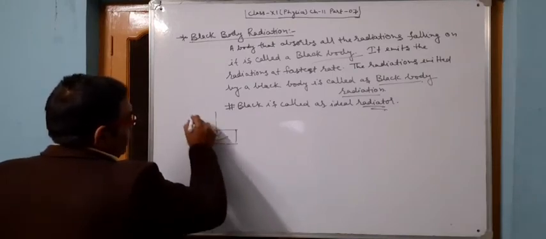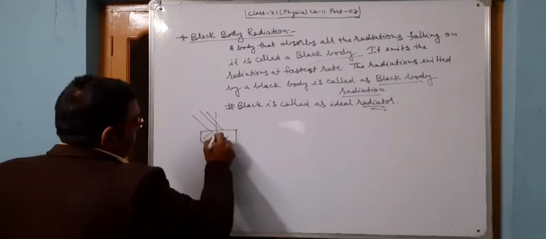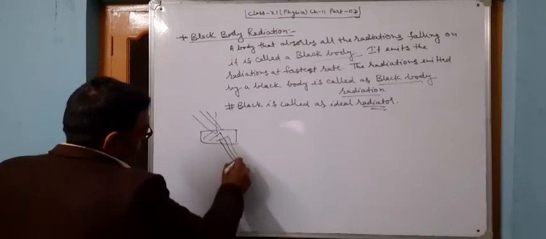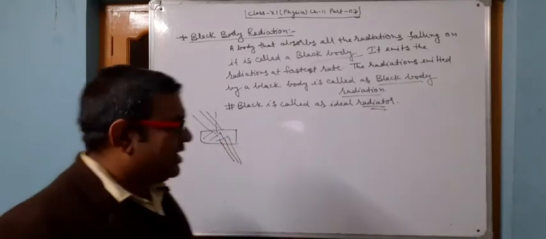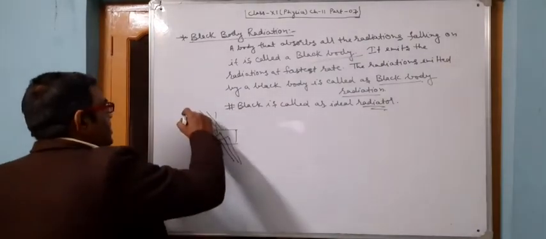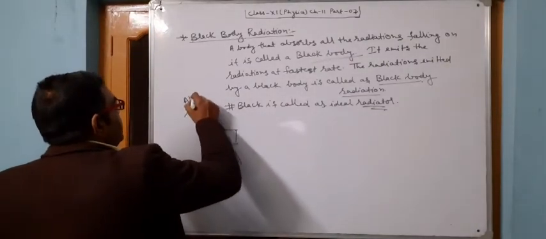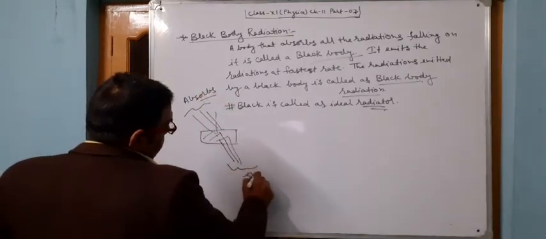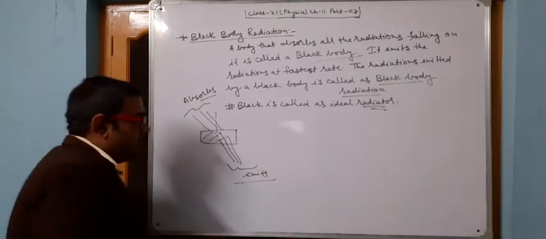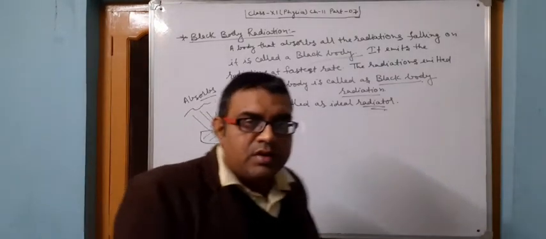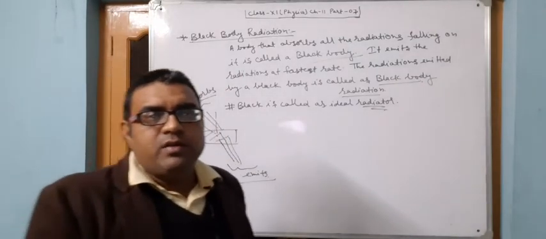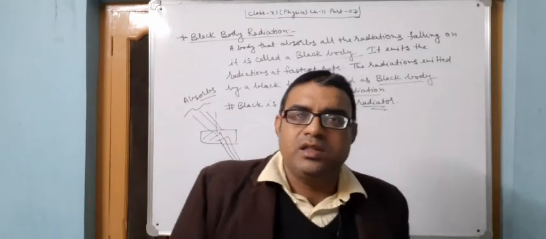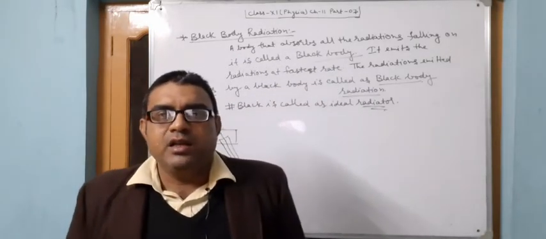Whatever the radiations which are falling over it, it absorbs all the radiations and emits it at the fastest rate. It absorbs and then emits. So whatever the radiations which are falling on the black body, if the black body is radiating all the radiations, then this is called as ideal black body.